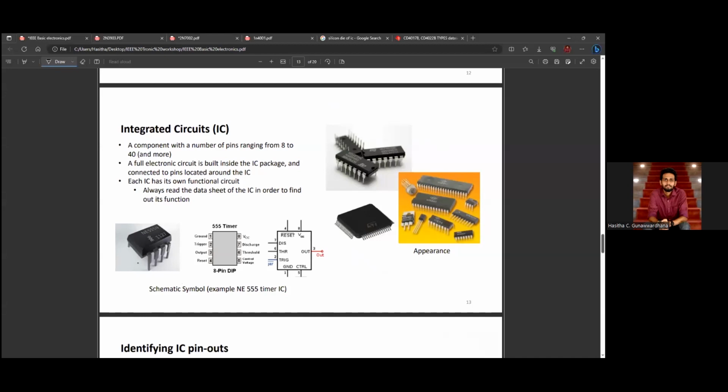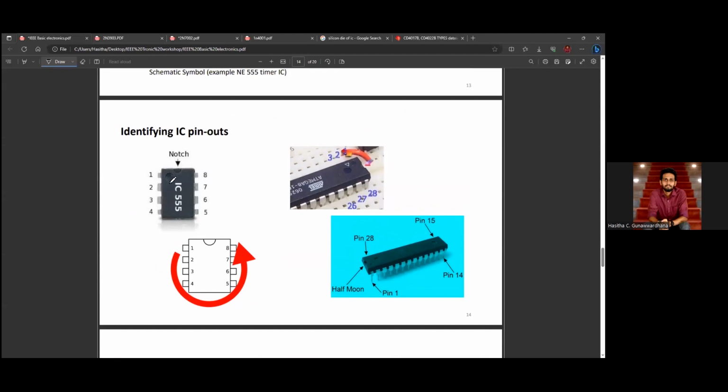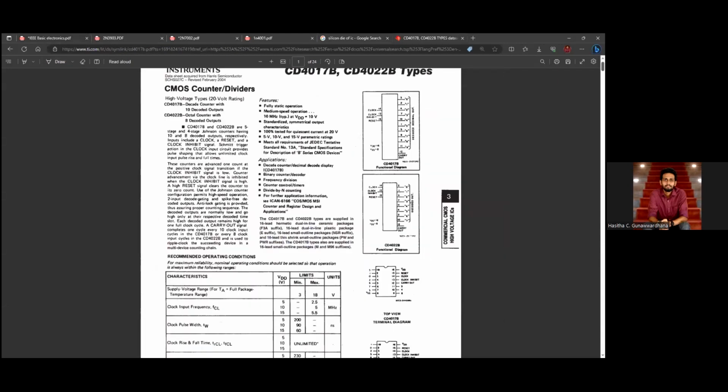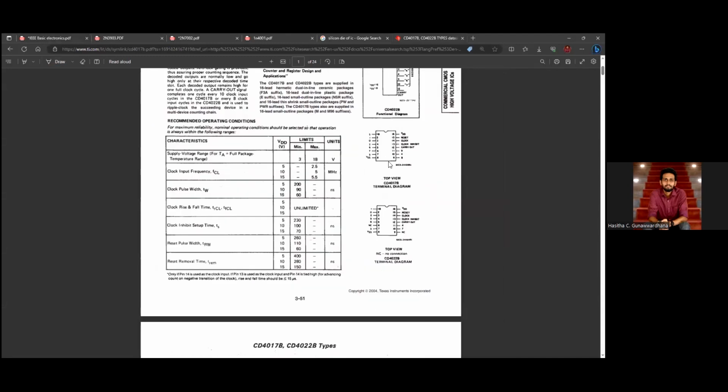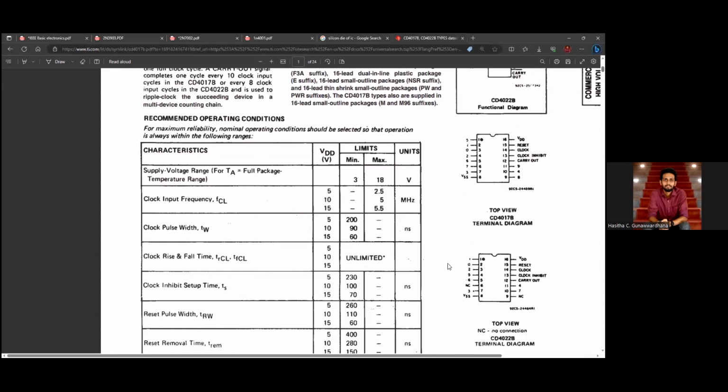This is additional information: how to find the pins. Each IC has a number of pins, from 8 to maybe 100, 200, 300, and so on. Each pin has a number, and here you can see the pin numbers for each pin.